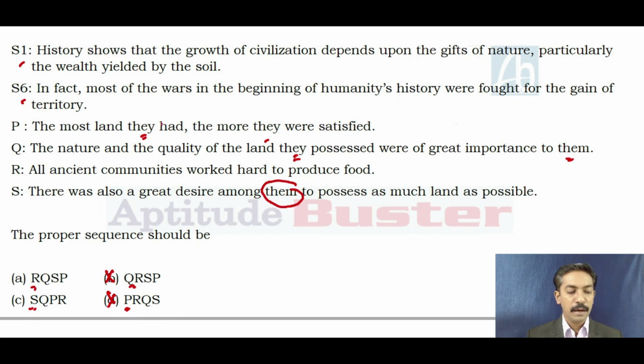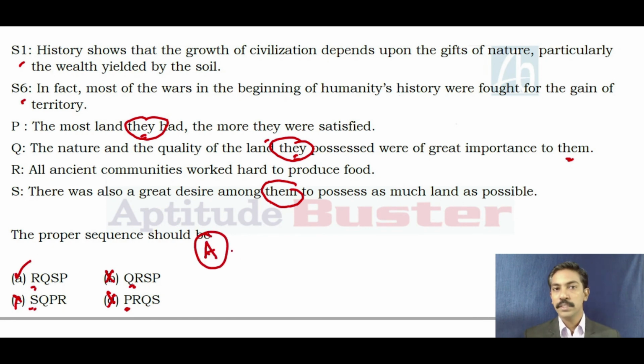So, except R, you have a pronoun in all the 3 segments, which makes us conclude option A is the right choice. To ensure whether your answer is right, you can read through the sequence R, Q, S, P and you would definitely find the entire sequence makes complete sense.